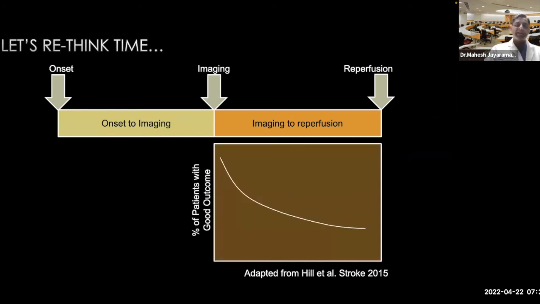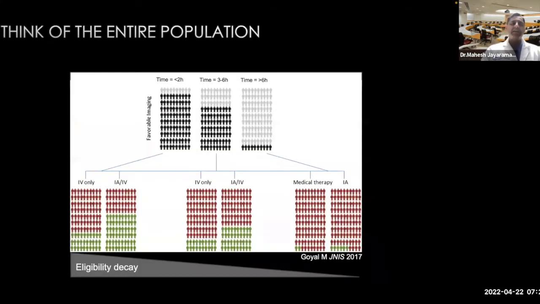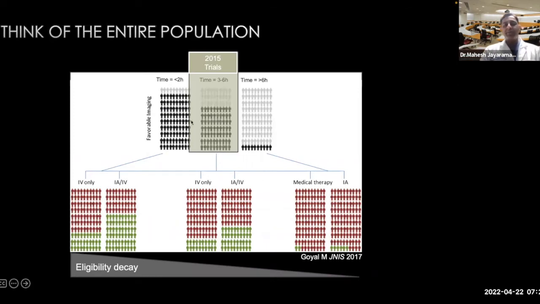In contrast, for the likelihood of a good outcome, once you've done the imaging, you can almost reset the clock and ask, how quickly can you go from favorable scan to vessel open? And that's what's going to determine the likelihood of a good outcome: how quickly you go from favorable imaging to reperfusion. And if you think of an entire population, and this concept of eligibility decay nicely shown by Dr. Goyal in this editorial in 2017, in the 3 to 6 hour window, most of the population is eligible, and so there is a dramatic treatment benefit.